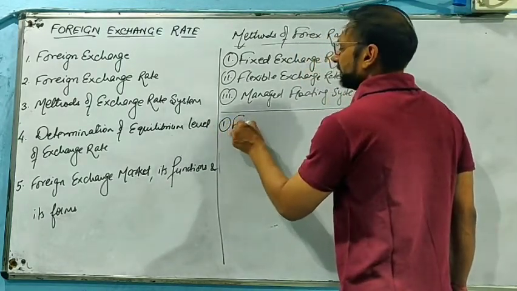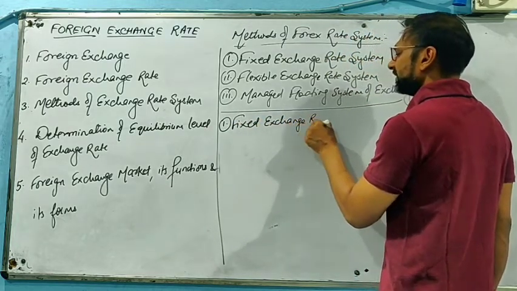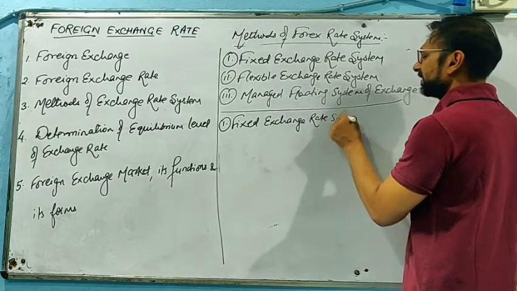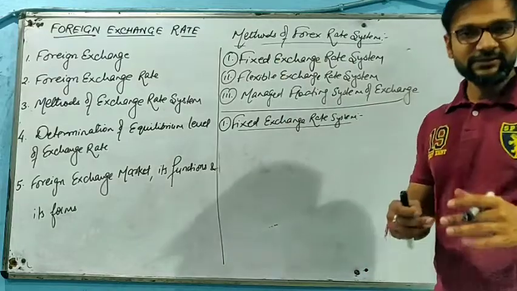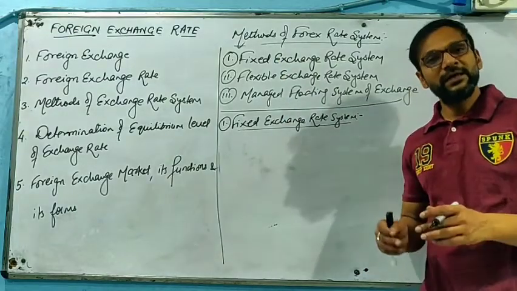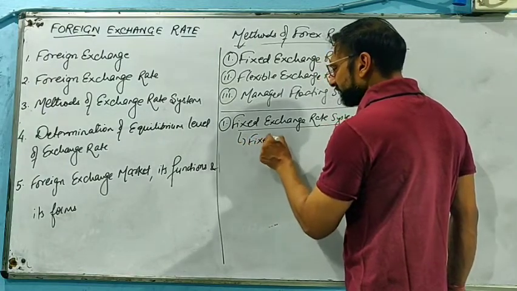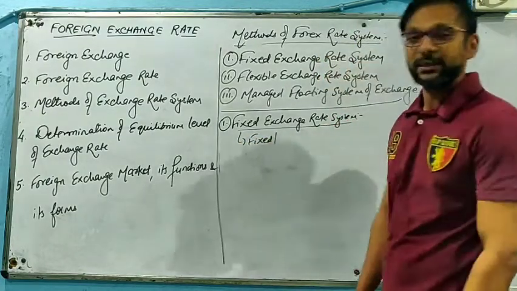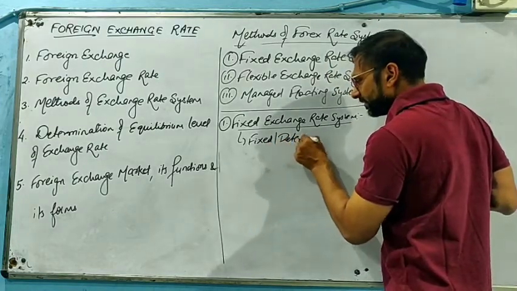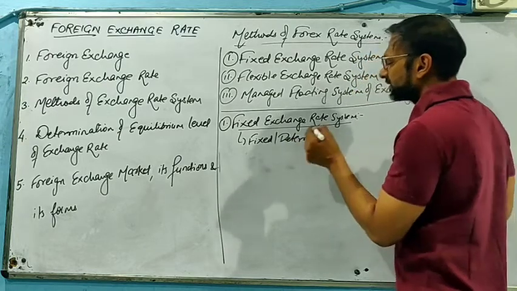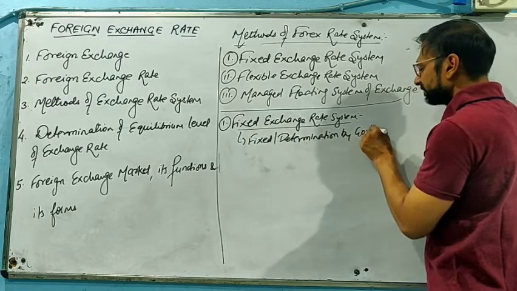If we talk about fixed exchange rate system, as the name suggests itself, it is fixed or determined by government. So we can say this is a system where the foreign or domestic currency is fixed or determined against gold or foreign exchange by government.